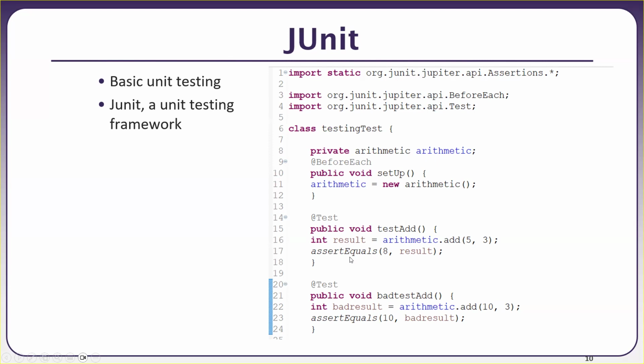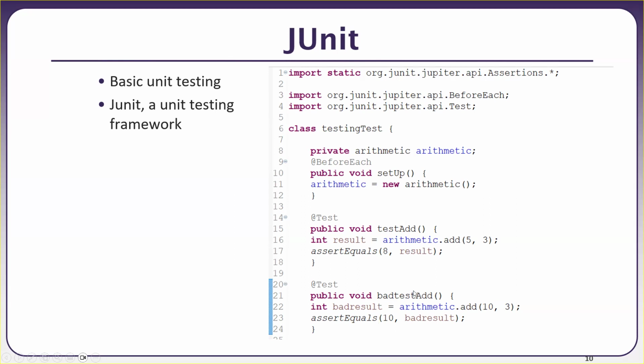And then this assert equal is a built-in function that checks if this value is equal to this value. So instead of doing expected and actual in a manual manner, we just put the values here and JUnit takes care of everything. Similarly for this function, so now either this function will pass or fail.